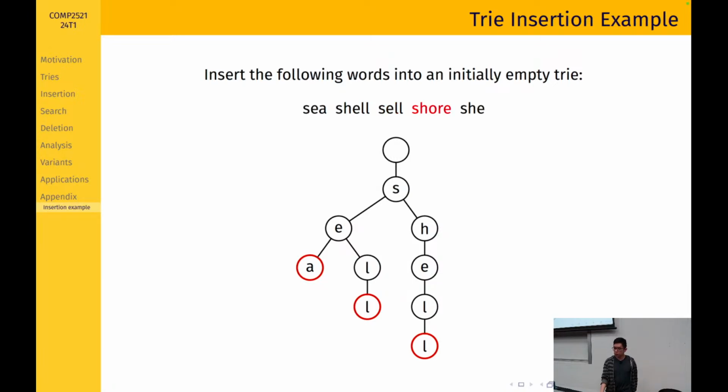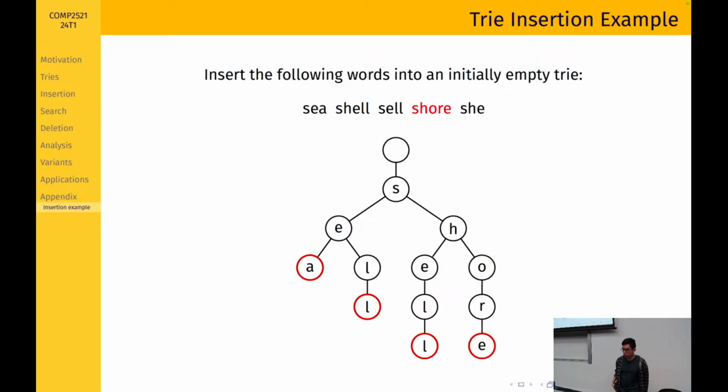Next, if we want to insert the word SHORE, then we're going to see that there are already two nodes corresponding to S and H. But there is no O after that, so we need to create three new nodes containing O, R, and E.